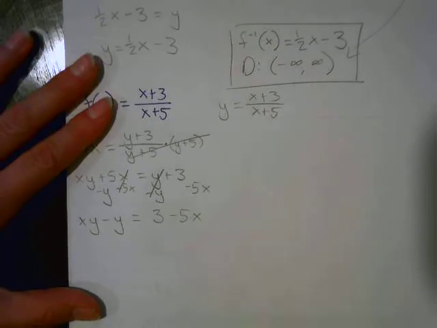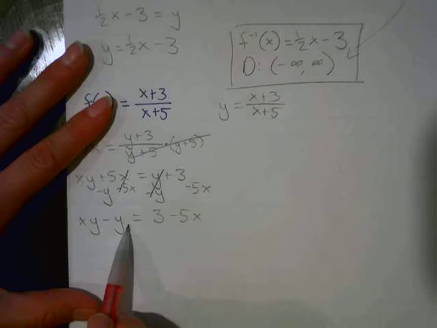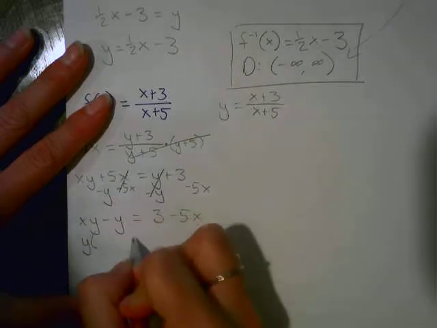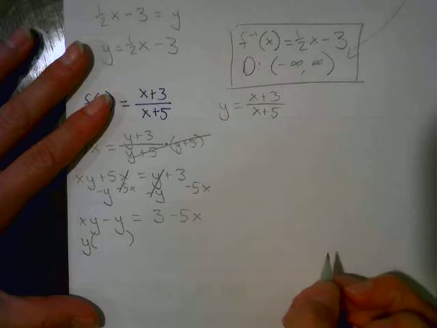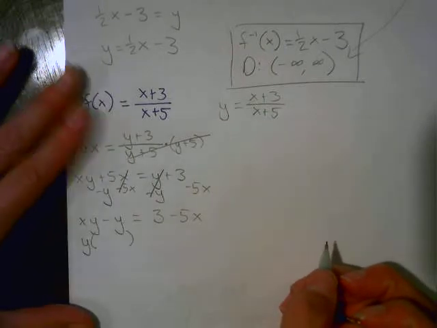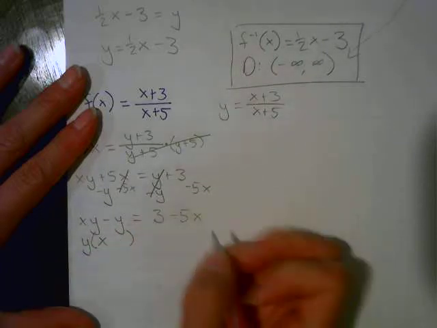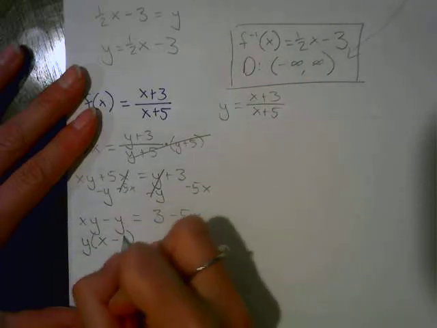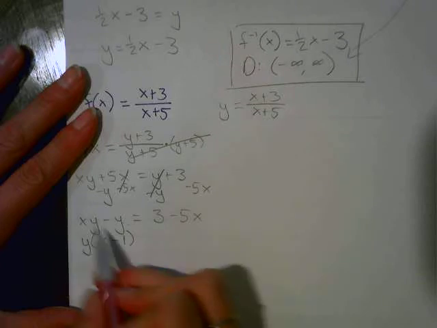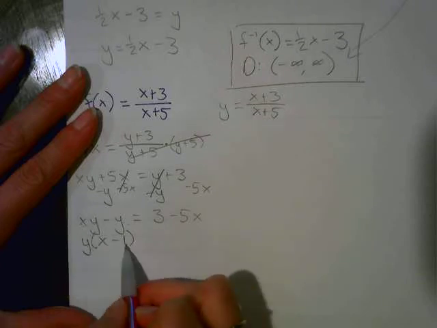Okay, the reason that this is helpful is if both of these terms have a factor of y in them, then I can factor out that factor of y so that I can have 1y over here that I could solve for. That'll leave behind in this first term a factor of x, and in the second term a negative 1. Let's check. Y times x is xy. Y times negative 1 is minus y.